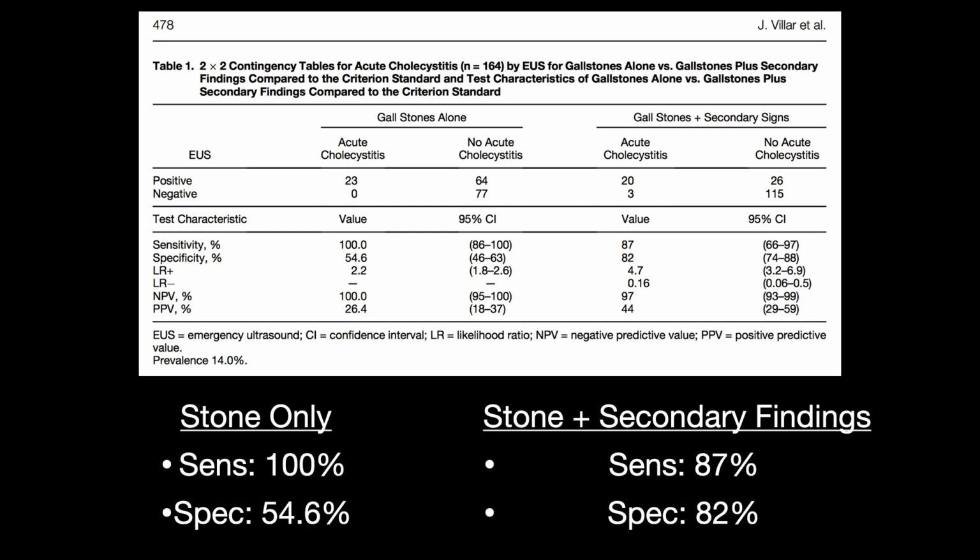Now, if you start adding some of those things, acalculous cholecystitis tends to have risk factors: elderly, nursing home, diabetes, and they're going to have gallbladder wall thickening. You may have some pericholecystic fluid. So if you start layering some of those things on, but you don't have stones, this is where the paper breaks down. But for the vast majority, 90 some odd percent of the patients that you scan, if they don't have stones, you need to start thinking about some other etiology for their right upper quadrant pain.